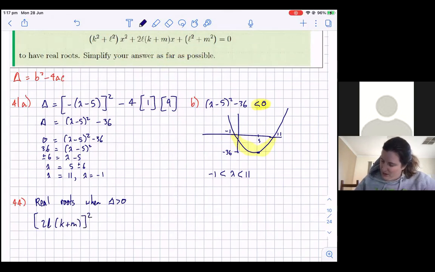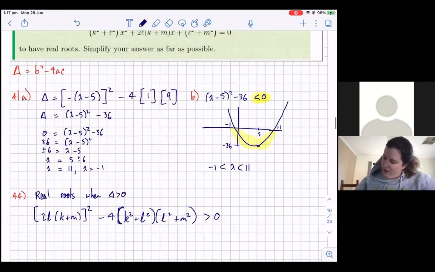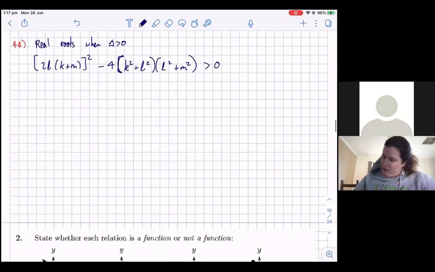So we've got b squared take 4 times a, which is k squared plus l squared, and c, which is l squared plus m squared. We want that to be bigger than 0. So this is what we're focusing on solving.